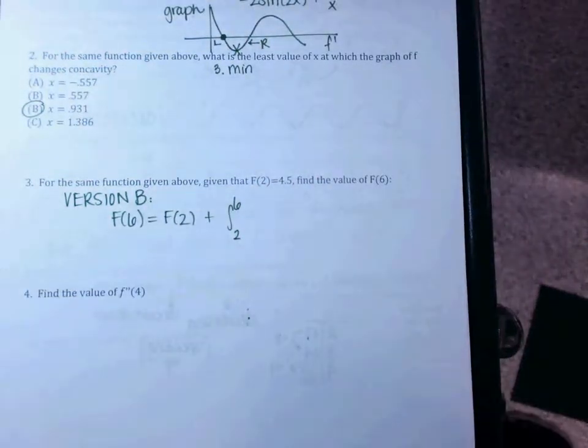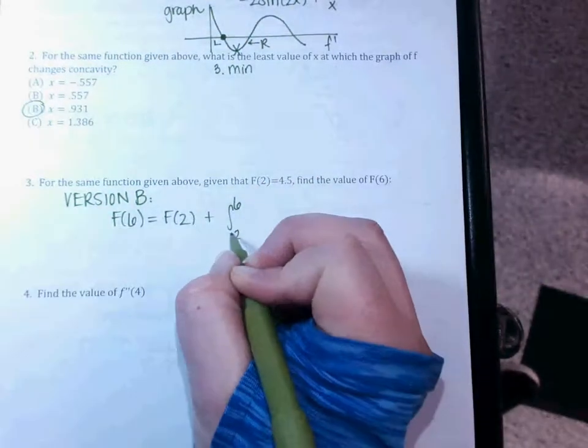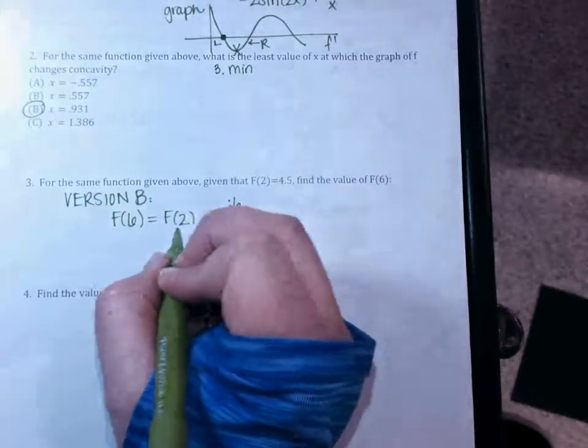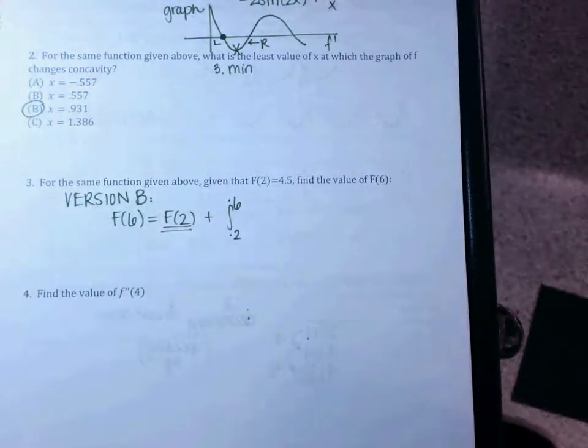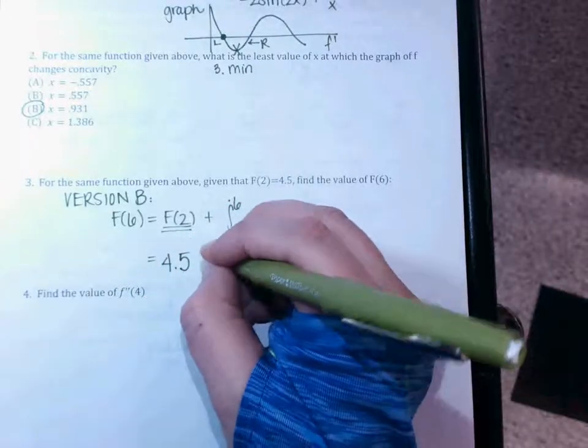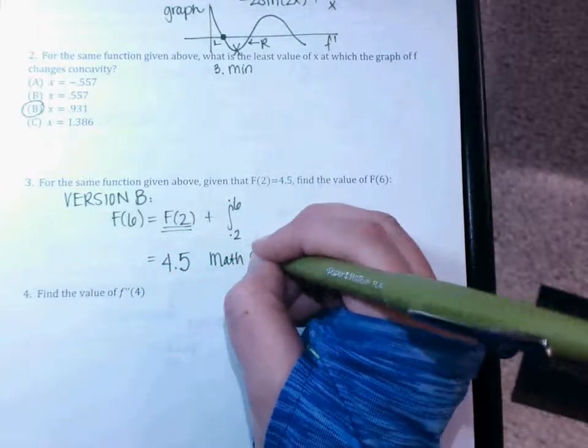And then make sure when you set up your integral, you're using 2 and 6 as your endpoints. Yeah? Then you already have it typed into your calculator. What is capital F of 2? 4.5 plus, and then here you would use math 9.